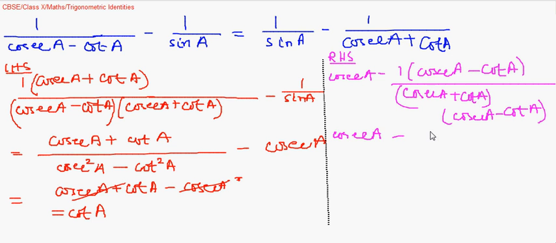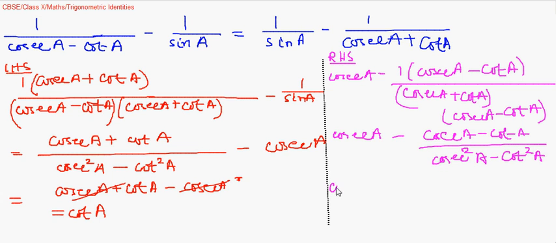In the numerator it is again cosec A minus cot A, and in the denominator this is again cosec square A minus cot square A. So cosec A is minus, again will leave us with cosec square A minus cot square A. Now because it has a minus and this is cosec A minus cot A, when I remove the bracket, it will be plus cot A.